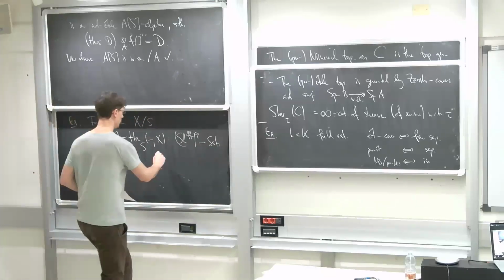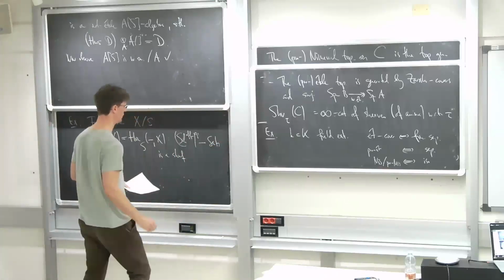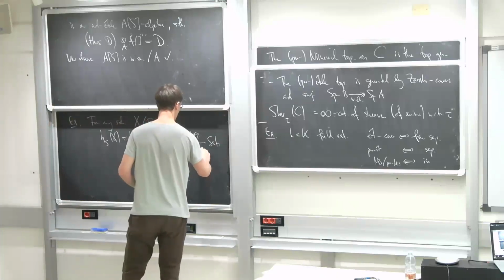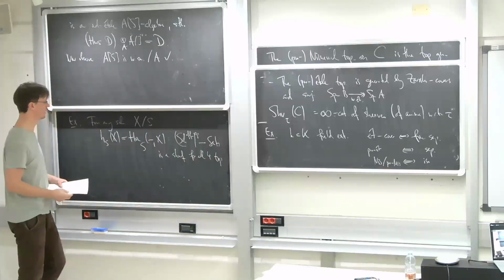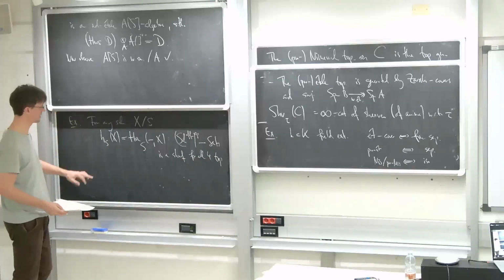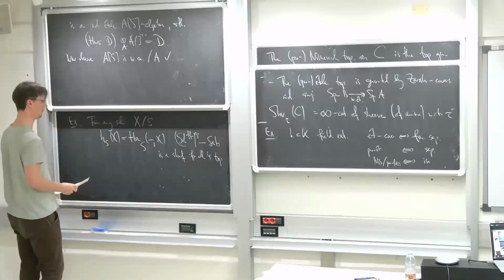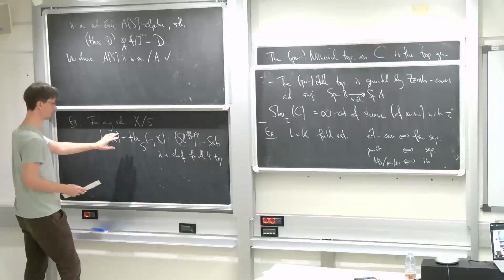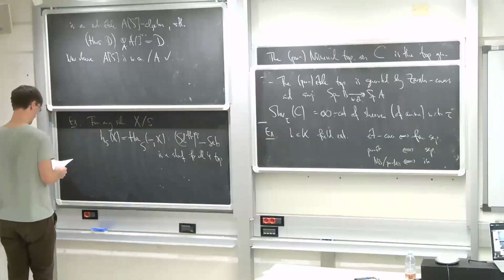This is a sheaf for all these topologies, because they are weaker than the flat topology, and flat descent tells us that it is a sheaf.